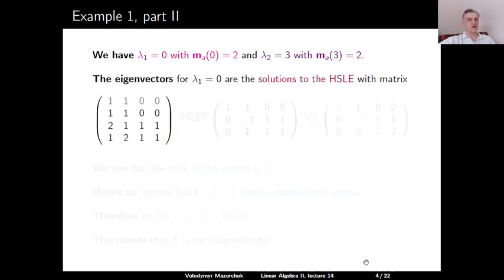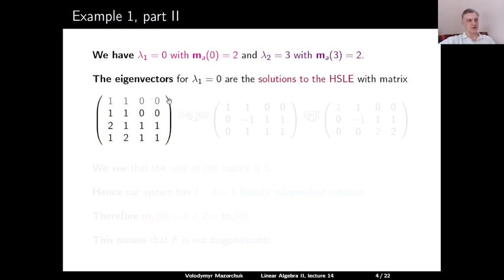Let us now try to determine the eigenvectors for the eigenvalue lambda 1 equal to 0. These are the solutions to the homogeneous system of linear equations with the matrix when we take the matrix of our linear operator and subtract the eigenvalue on the main diagonal. The eigenvalue is 0, so we don't have to do anything.